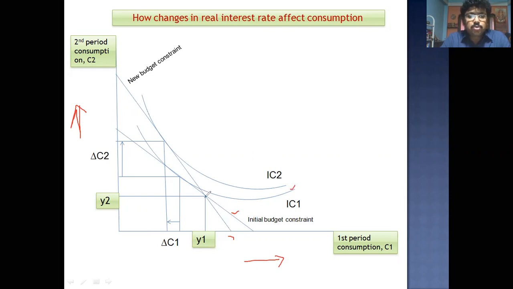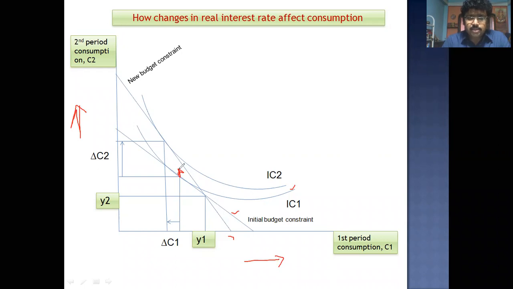Okay, so at the initial point, there is an equilibrium point. Suppose this is point A, and there is an increase in real interest rate.